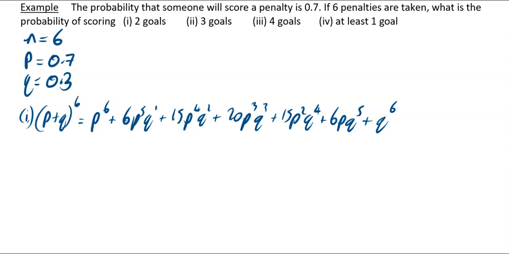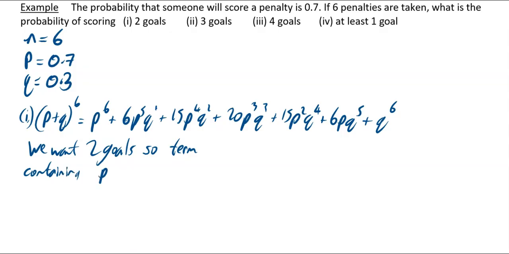And what we want in this question is 2 goals. So we want 2 goals scored, so it is a term containing p to the power of 2.